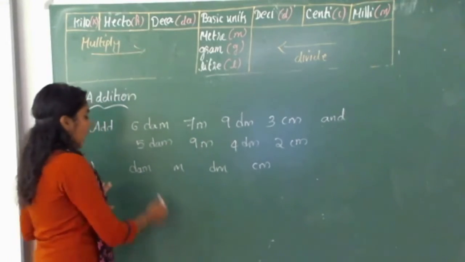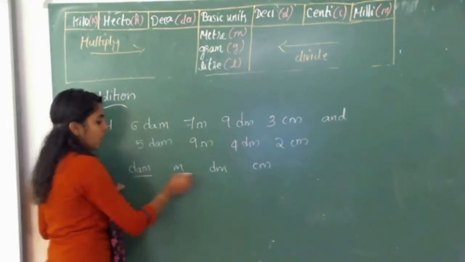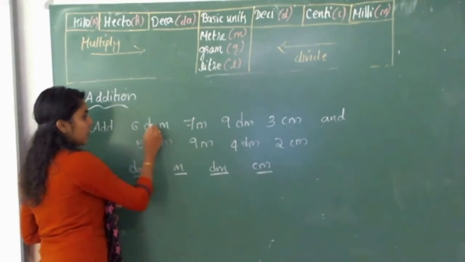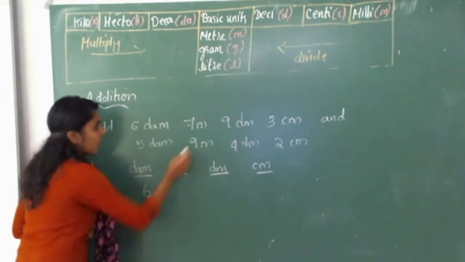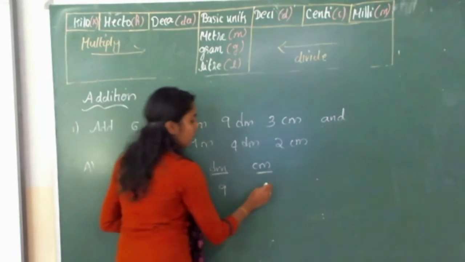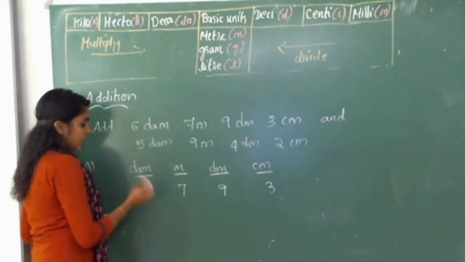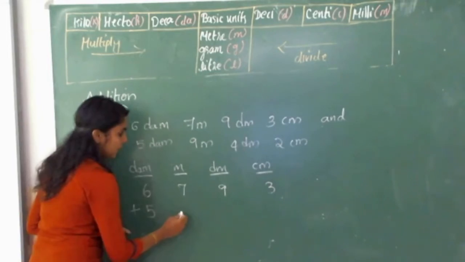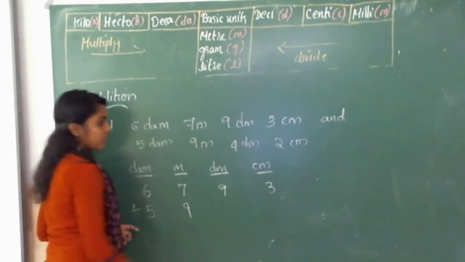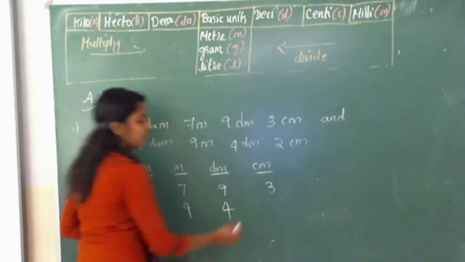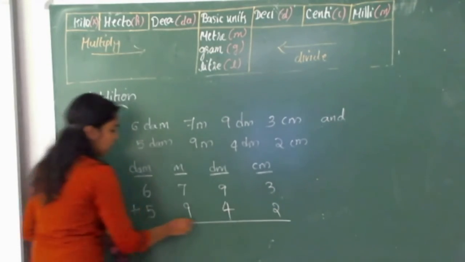So below this you have to arrange the numbers. Under decameter, in the first one 6 decameter, 7 meter, 9 decimeter, 3 centimeter. Next, addition: 5 decameter, 9 meter, 4 decimeter, 2 centimeter.